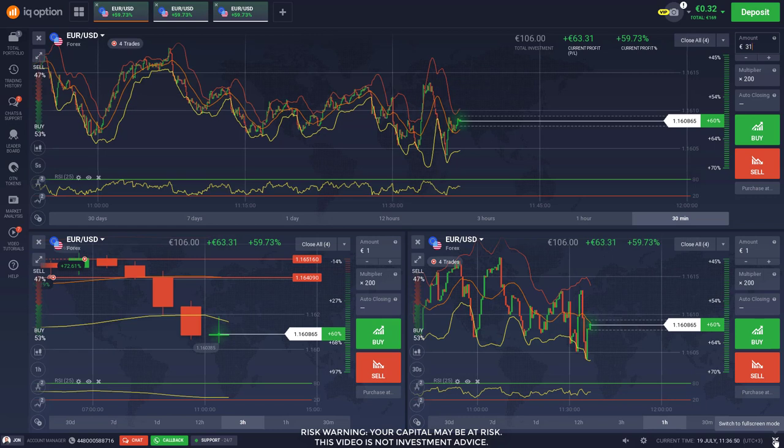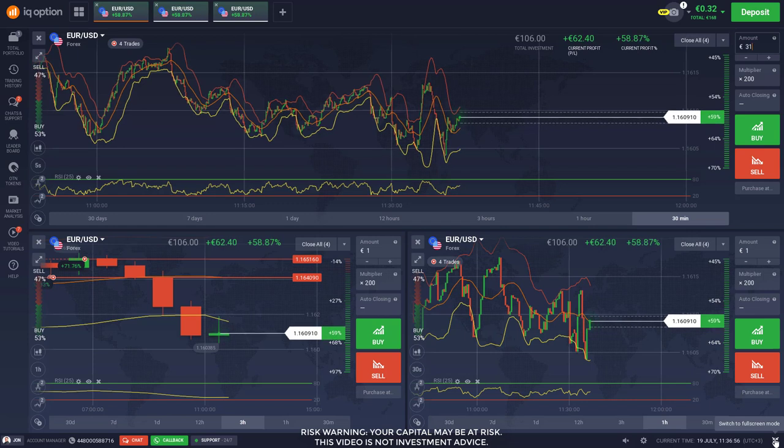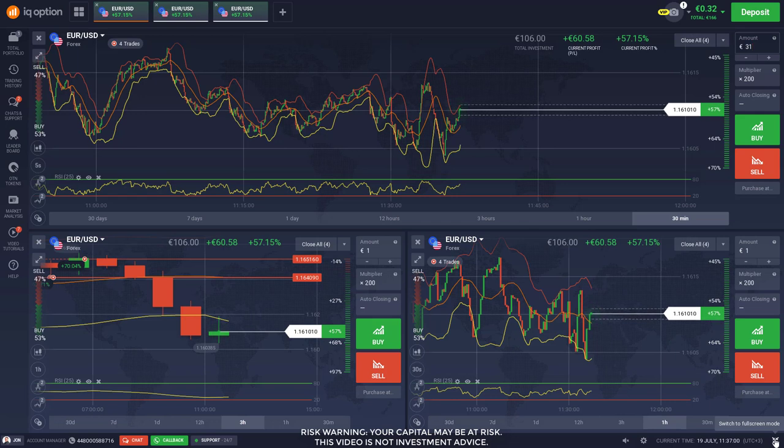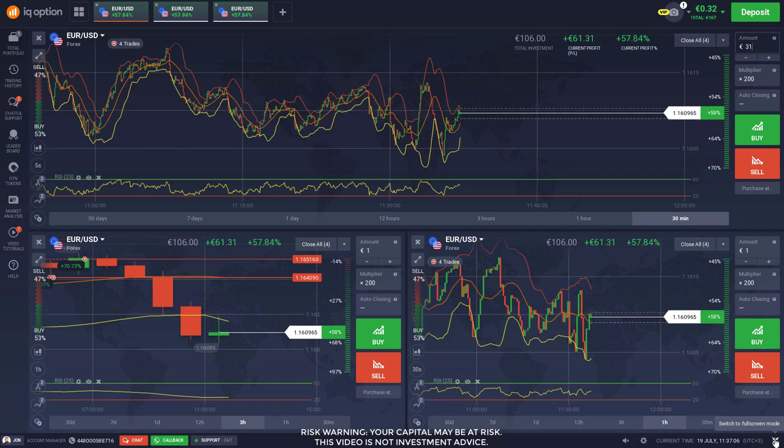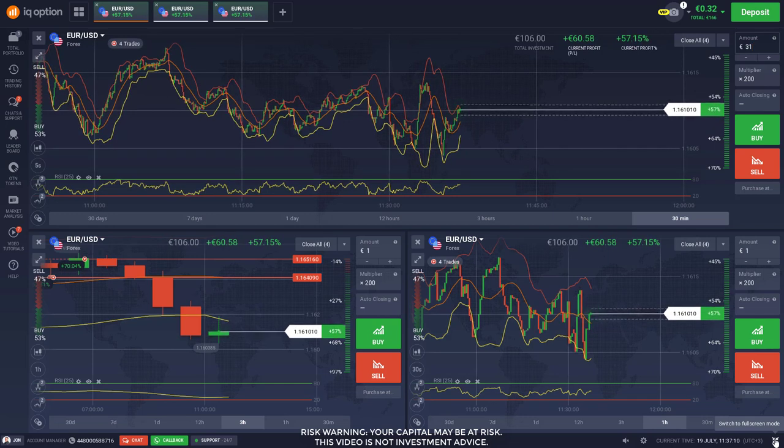Now it's quite slow, but as you can see, day trading can generate much bigger profit, but it may take, this is already over 7 hours.